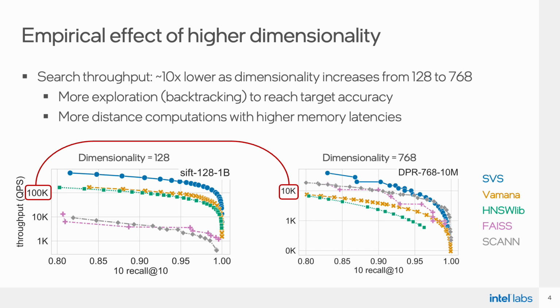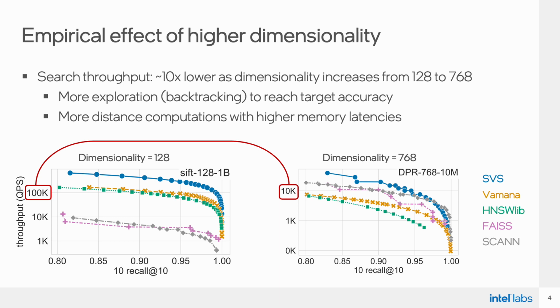The main consequence of this is that search speed suffers. When we were seeing dimensions in the low hundreds, we were observing speeds in the order of 100,000 queries per second. As we move to higher dimensionalities, we are seeing a tenfold decrease in search speeds. The main culprit here is the curse of dimensionality that forces us to do way more exploration to reach a target accuracy.